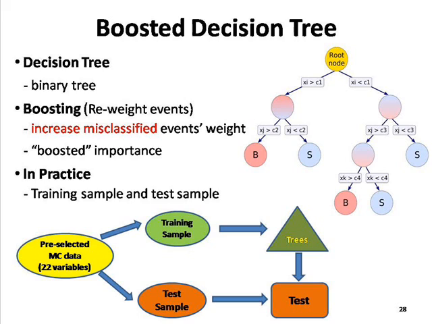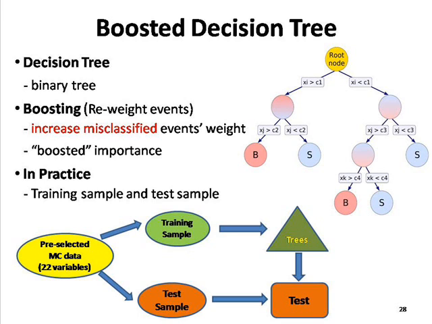The decision tree is basically a binary tree, and if you look at the diagram on the right, it starts from the root node, selects a criterion, and separates into two sub-nodes. One contains signal and background, the other also contains signal and background. Again they separate further, and the leaves contain only signal or only background.